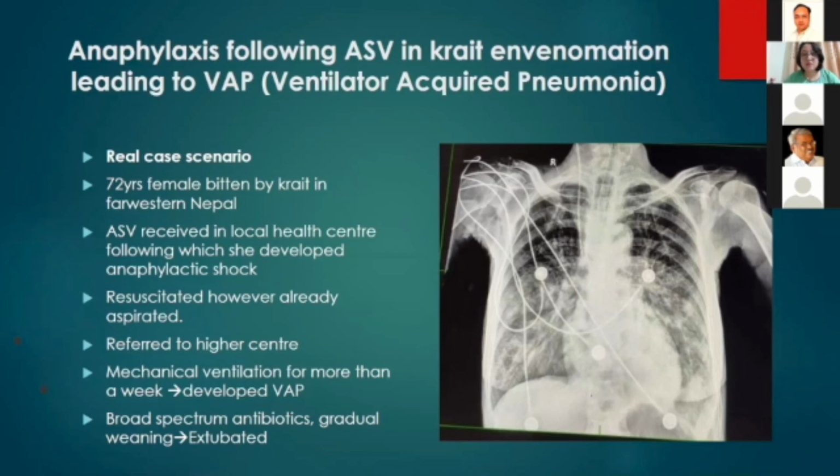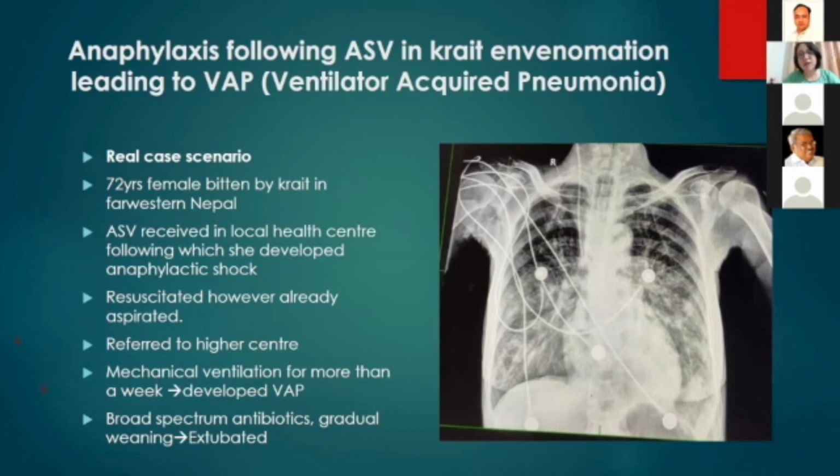A 72-year-old female was bitten by a Krait, and anti-snake venom was received in a local health center, but she developed anaphylactic shock after the administration of anti-snake venom. She was resuscitated and intubated in that local center, but she had already aspirated.